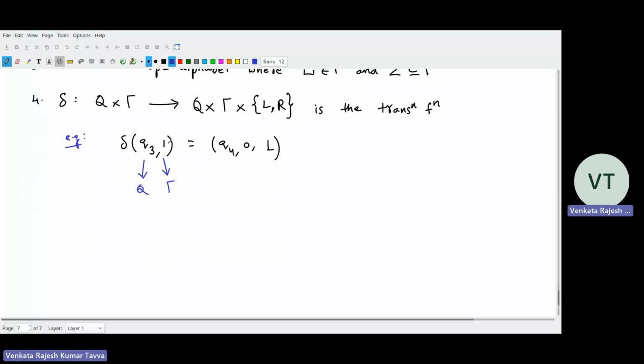And in the previous example where we crossed a symbol with cross marks, that will also play a role later. So that cross mark is not part of the input alphabet, it is part of the tape alphabet. So the largest set you should take is the tape alphabet. Okay, so this comes from Q, this comes from gamma, this comes from the L and R set. So cross. Okay.